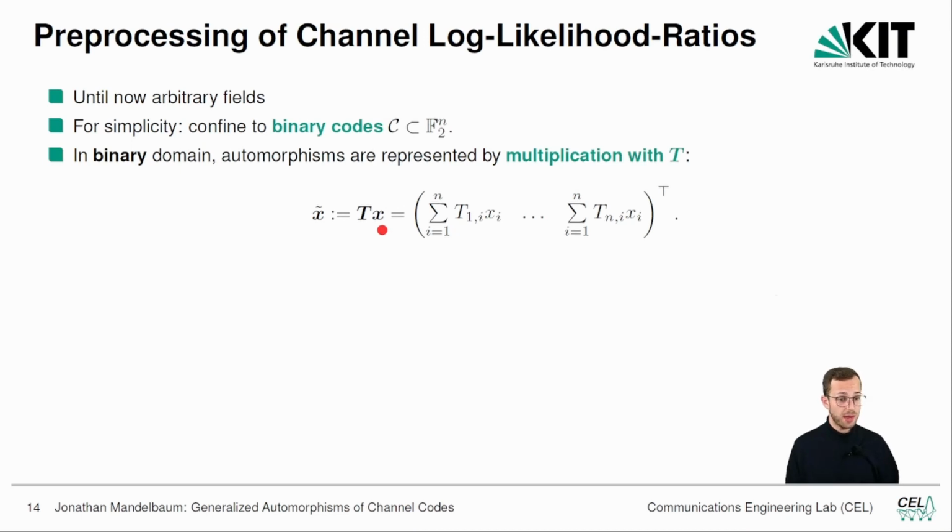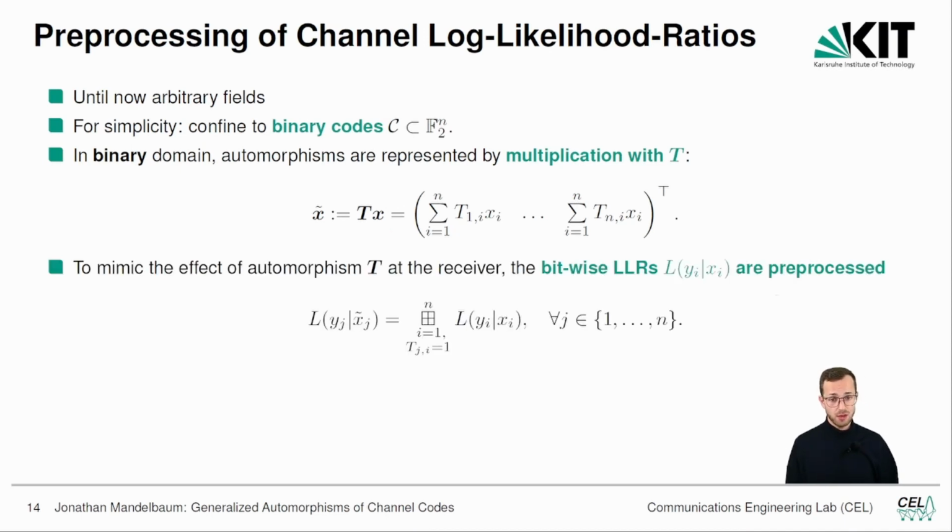Therefore, we have a binary summation, which we also know from the check node update in a belief propagation decoder. Therefore, we are able to show that to mimic the effect of the automorphism t at the receiver side, we have to pre-process the bitwise LLRs using a box plus summation as depicted here.